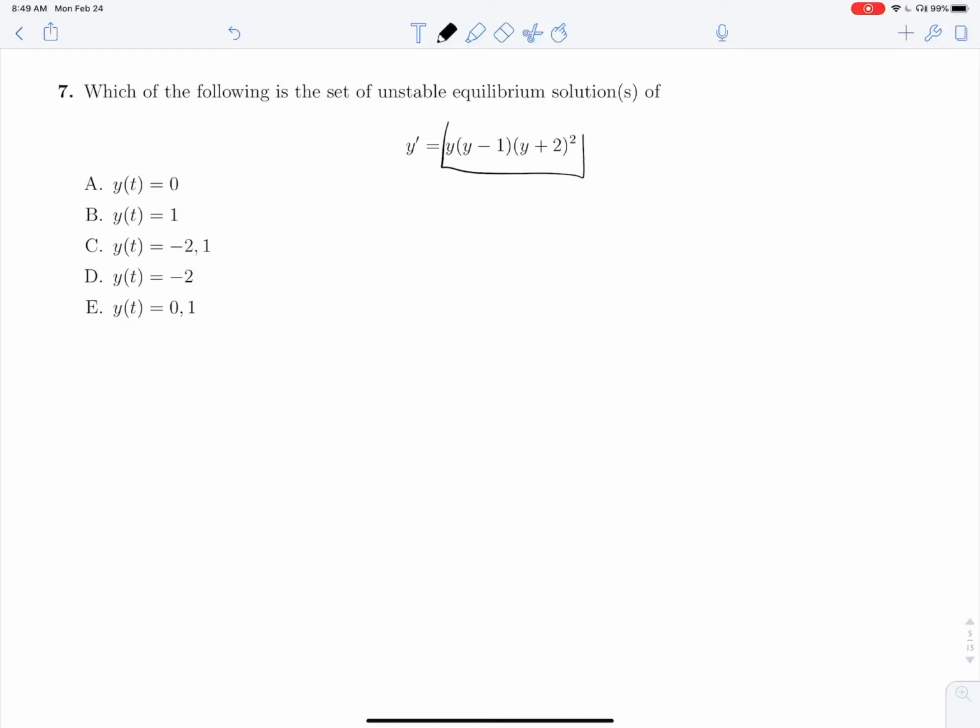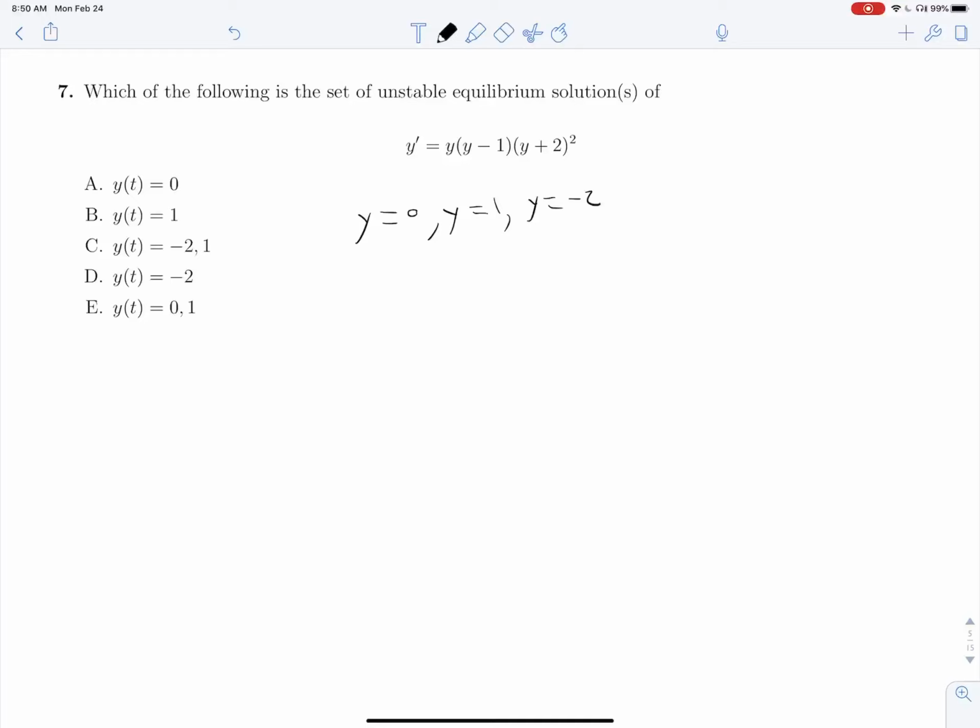So the roots of this, you could think of them as the solutions for where y prime is equal to 0. So we see that y is equal to 0, y is equal to 1, and y is equal to -2. And this actually has a multiplicity of 2, but that will not really matter for us.